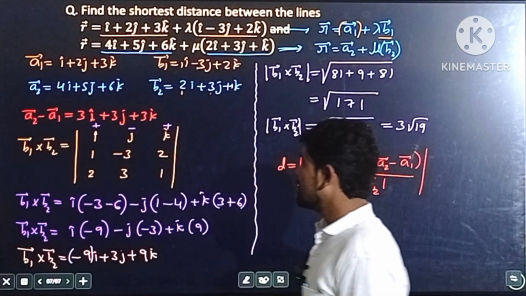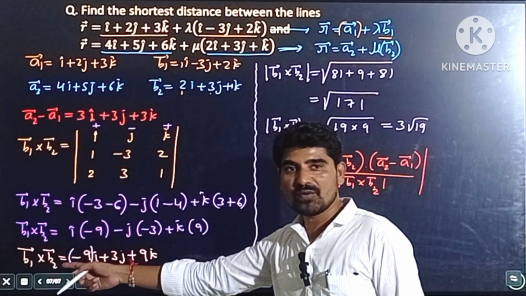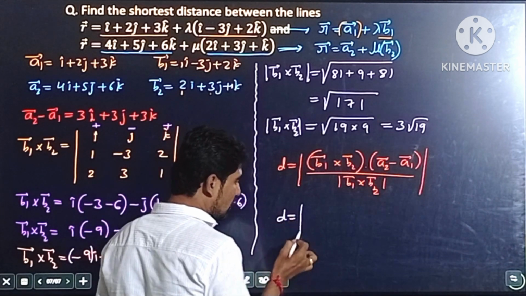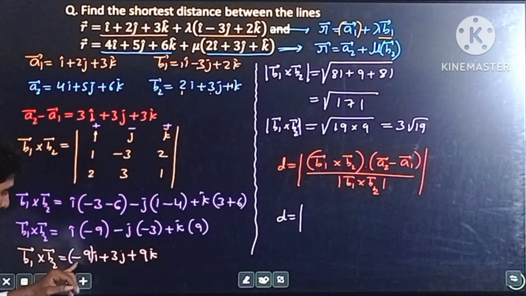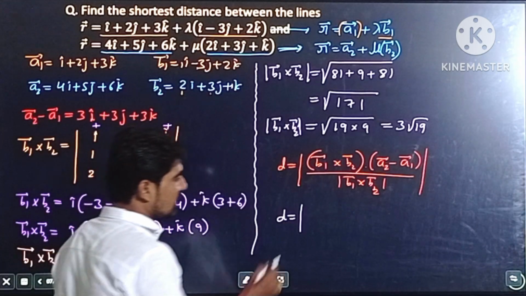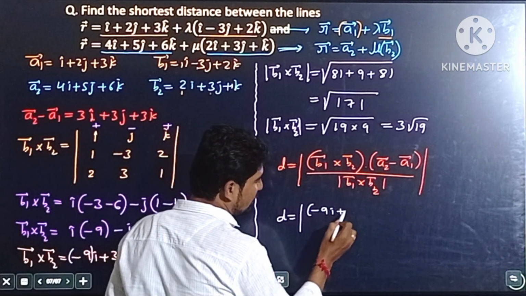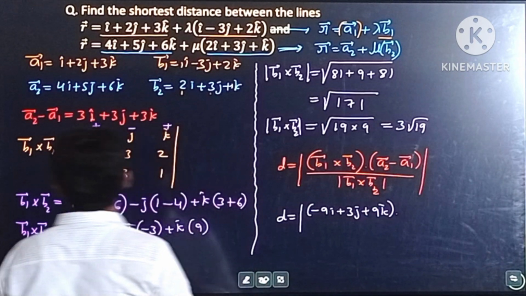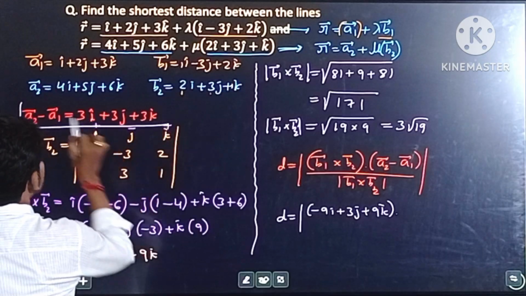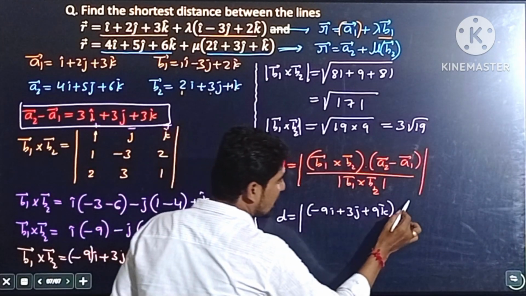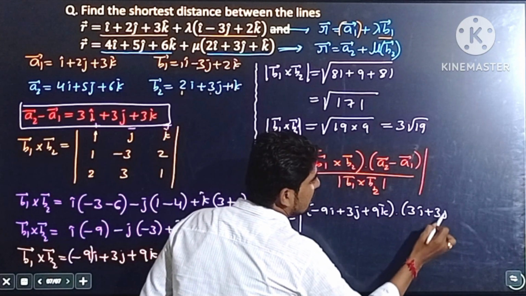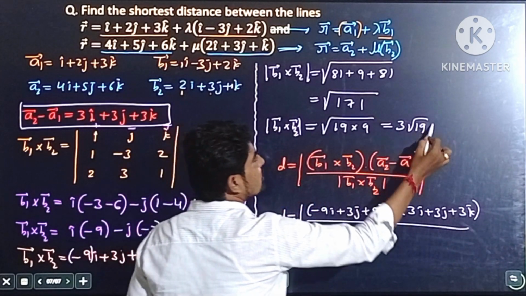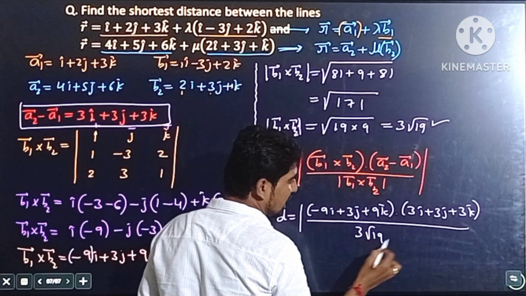Now substitute the values in the d formula. D equals the modulus of (minus 9i plus 3j plus 9k) dot (3i plus 3j plus 3k) divided by 3 root 19.